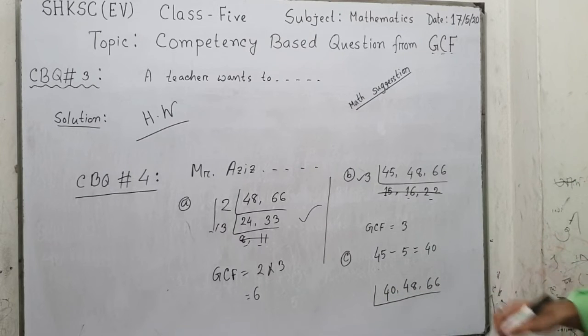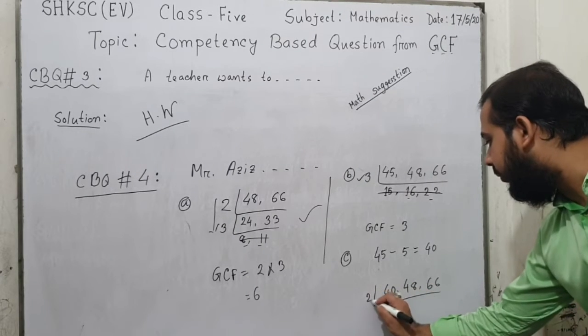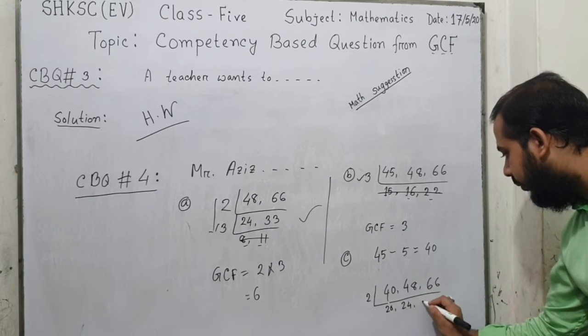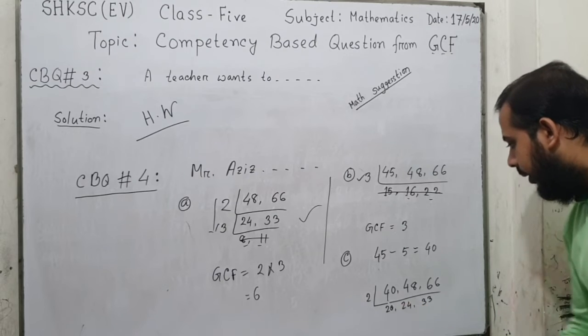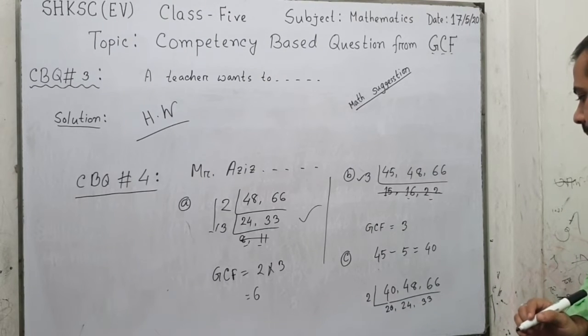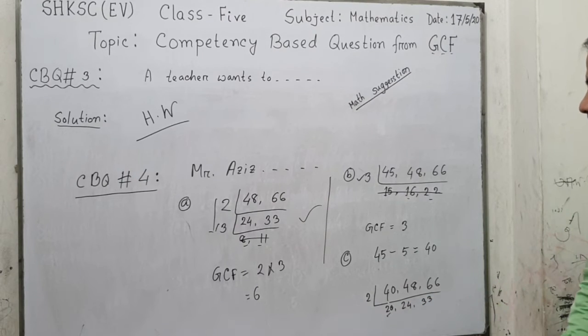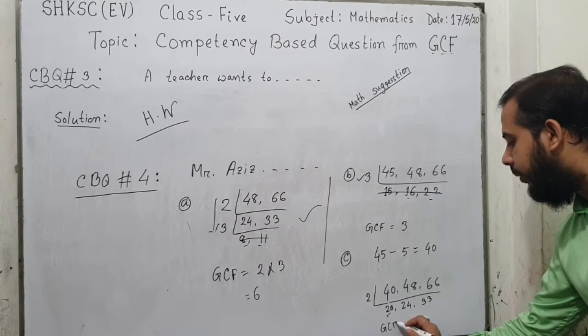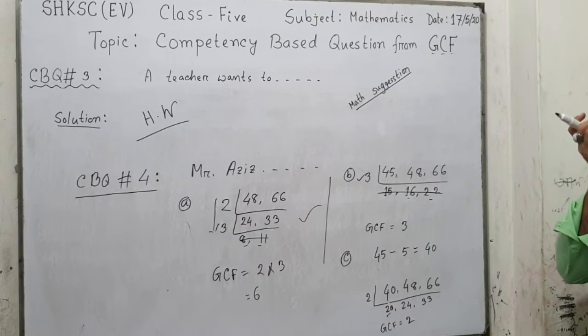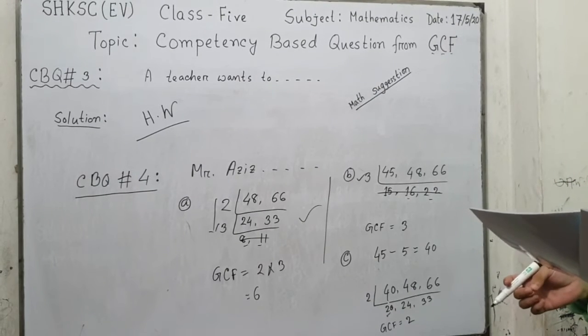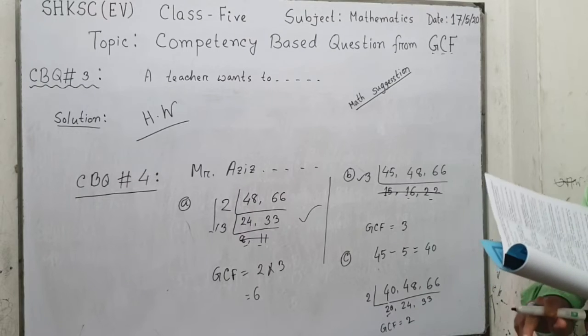Dividing by 2 we get 20, 24 and 33. It can be divided by 3, but 20 cannot be divided by 3, so the GCF here will be 2. So the largest number of students among whom pencils can be divided is 2, which completes question number 4.